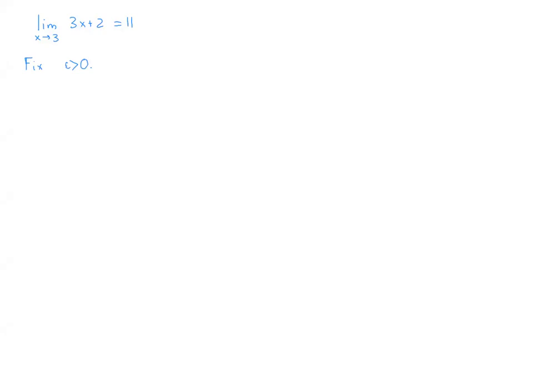So if we fix epsilon greater than 0, then we state that we wish to find delta greater than 0 such that if absolute value of x minus 3, remember we're trying to approach 3, is greater than 0 and less than delta, then absolute value of 3x plus 2, which is the function, minus 11, which is the alleged limit, should be less than epsilon.